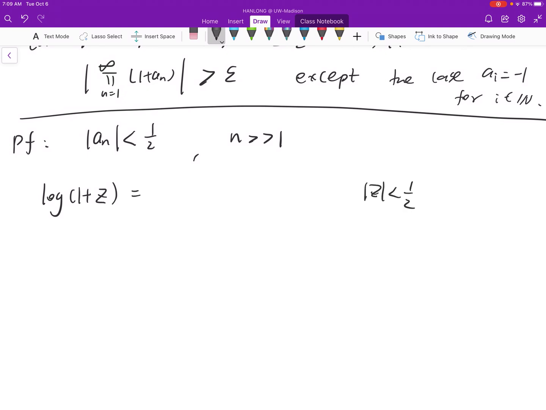This will be z minus z squared divided by 2 plus z cubed divided by 3, and so on.